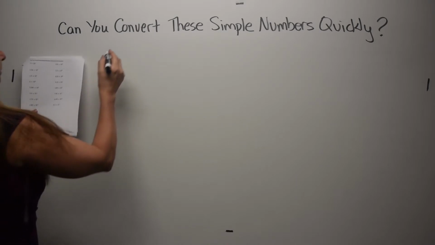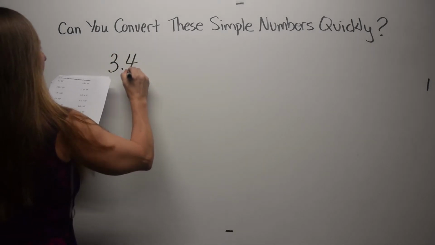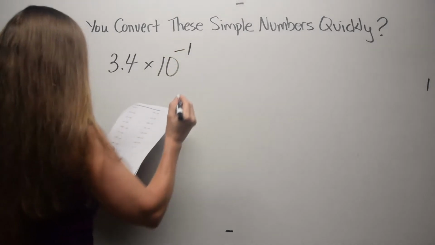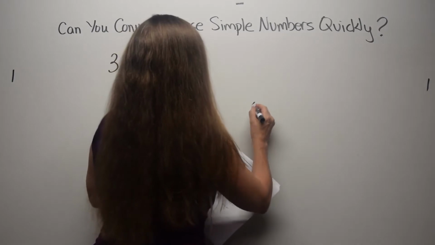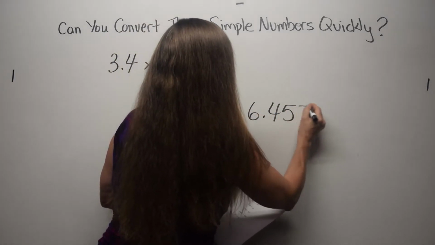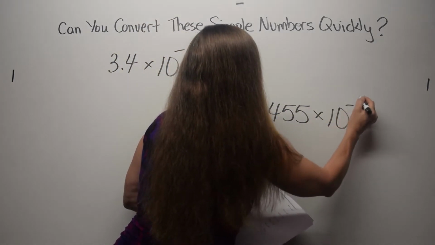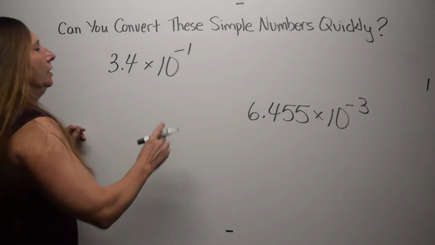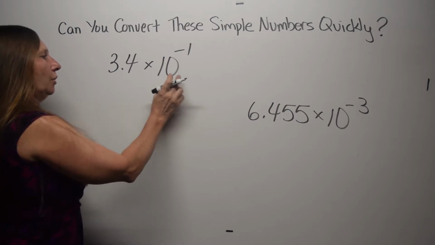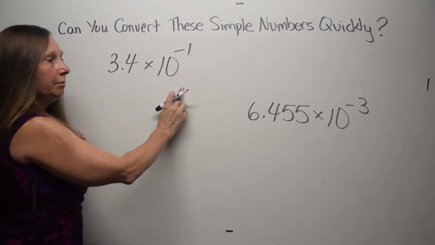We've got here 3.4 times 10 to the negative 1. And let's do 6.455. We'll do that one times 10 to the negative 3. We'll do 2 of these. Okay? So here you see that this is going to be to the tenths place.